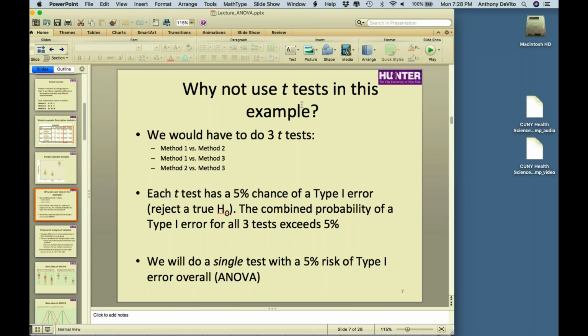Okay, so if we were to use the t-test here, how would we have to do this? Well, we'd have to compare method 1 to method 2, then method 1 to method 3, and then method 2 to method 3. So we would have to run the t-test 3 times.